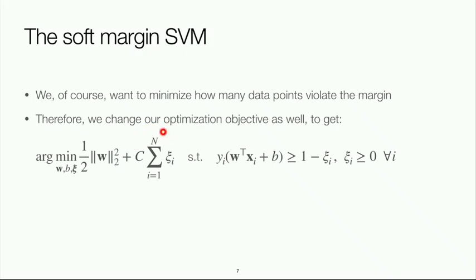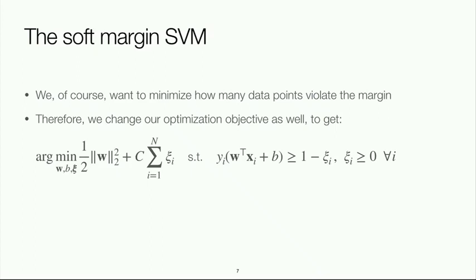We're basically just adding another term to our optimization problem that says minimize the total amount of slack that I am incurring. So just the sum of all the slack variables, which remember are all non-negative. Just minimize that total amount of slack. And you can see here that I have added all of the slack variables xi. I'm using this bold xi to denote the n-dimensional vector of xi's.